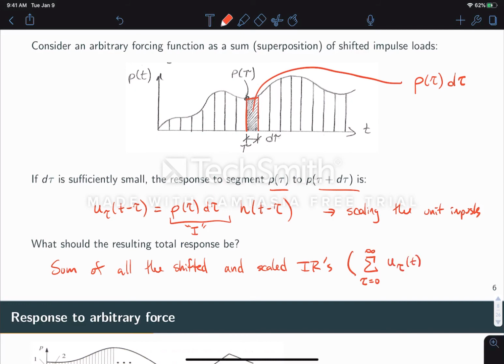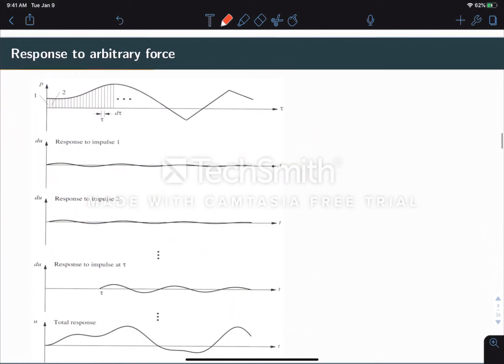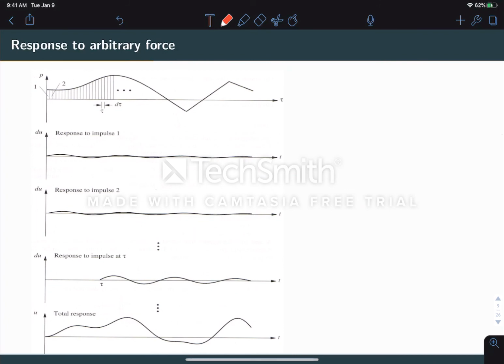And each of those responses, of course, will be a function of time. So that is what this looks like graphically. We have an arbitrary input function, p, which gets split into little segments, and for each segment, we take the unit impulse response and scale it by the magnitude of that segment.